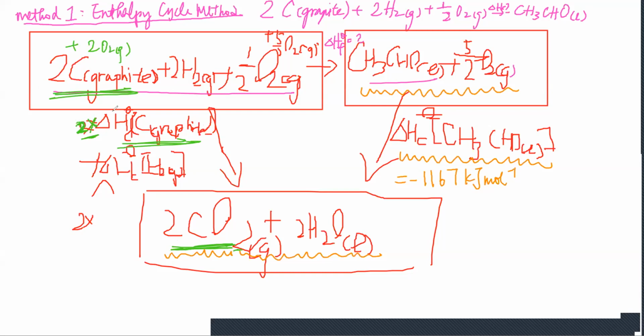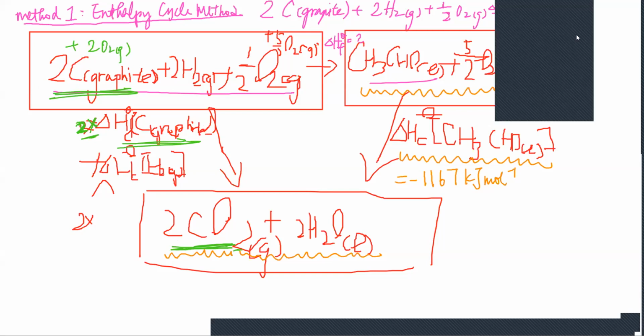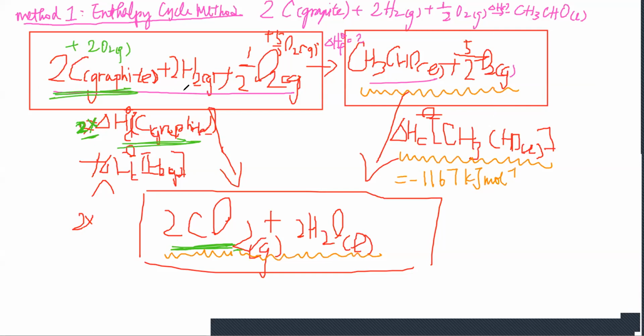What's next is the hydrogen. 2 hydrogen would get half mole of O2 to form 2 moles of water. So that's why we write down 5/2 O2 here. The green one and the blue one are the same as the orange one.